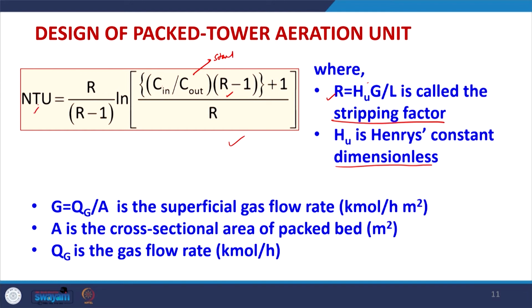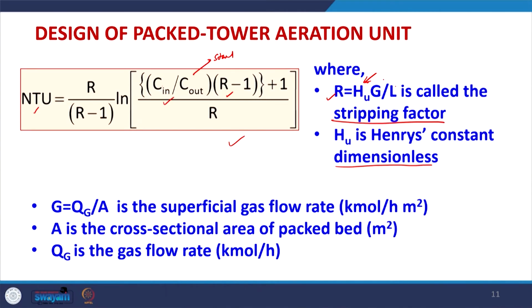So, if you have to find out NTU, this is already fixed, only R has to be fixed. Now, if R has to be fixed, H_u is already known, because H_u for any VOC is known to us. The liquid flow rate is also fixed, because we know at what flow rate the wastewater is being generated.